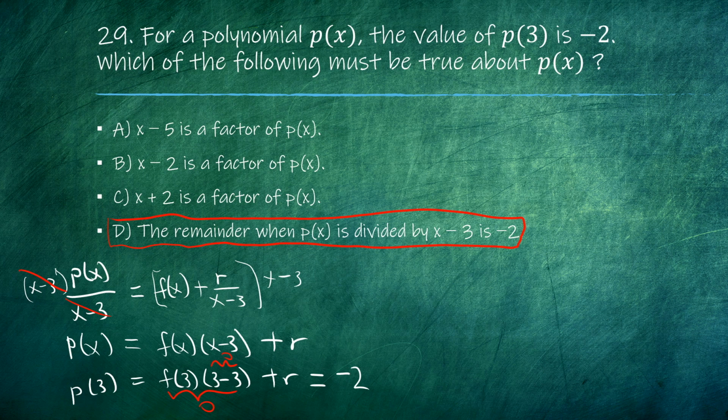So we can conclude that r is equal to -2, and this is the answer: the remainder when p of x is divided by x minus 3 is -2, which we proved here.